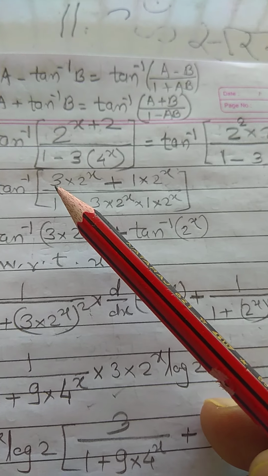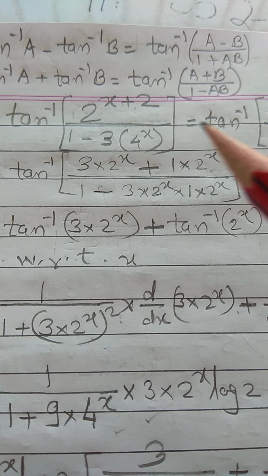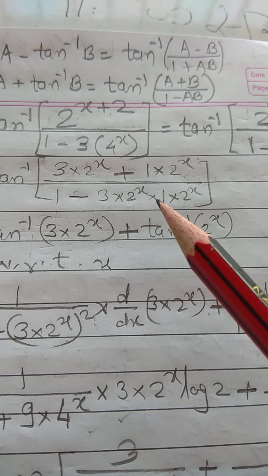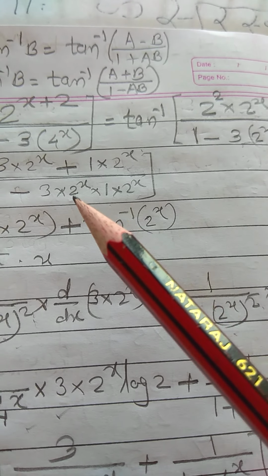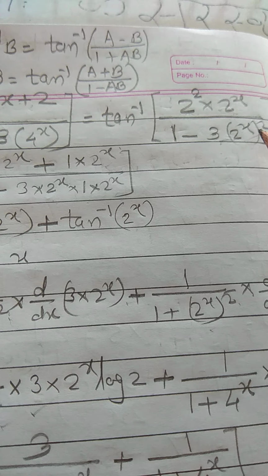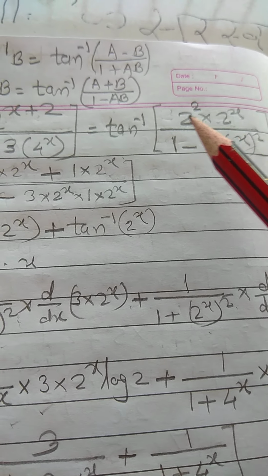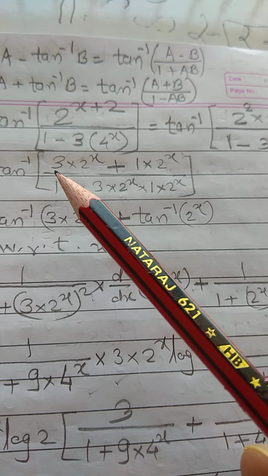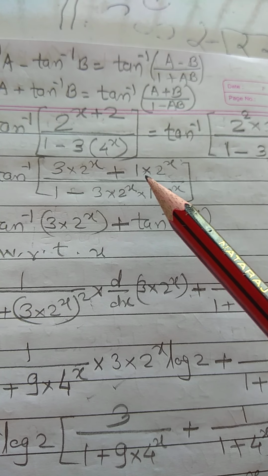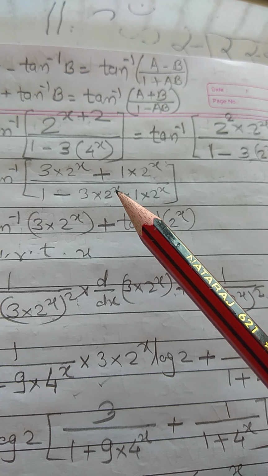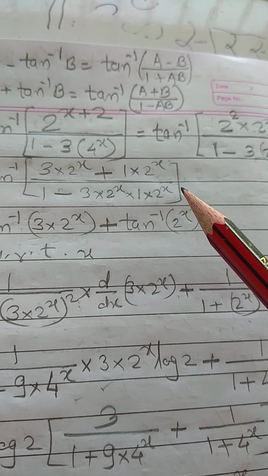And this multiplication can give you, see here, 3 ones are 3 again, and 2 raised to x into 2 raised to x is 2 raised to x square. So we can interpret this bracket as 3 into 2 raised to x plus 1 into 2 raised to x upon 1 minus 3 into 2 raised to x into 1 into 2 raised to x.